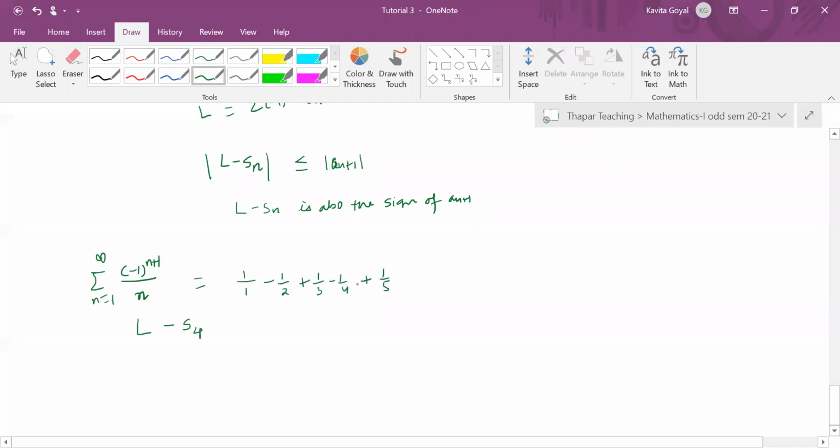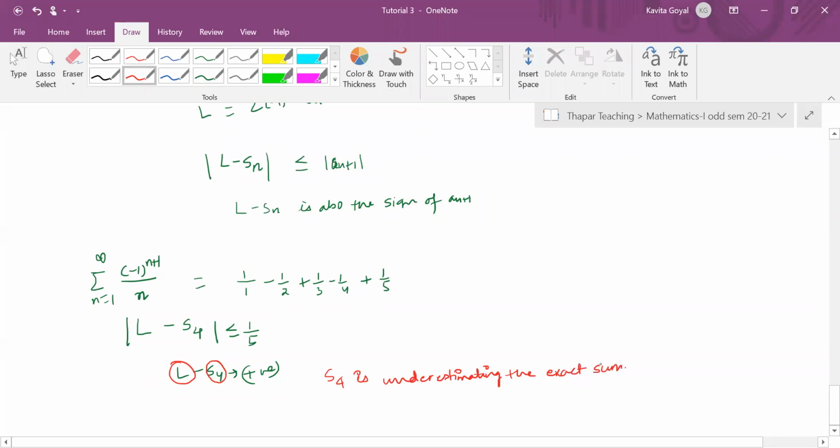The next term is plus 1 by 5. By the estimation theorem, this error will be less than or equal to 1 by 5. And this is positive, which means Sn is smaller than the exact sum. So S4 is underestimating the exact sum. Is that clear to everybody? Please ask if you have doubts.